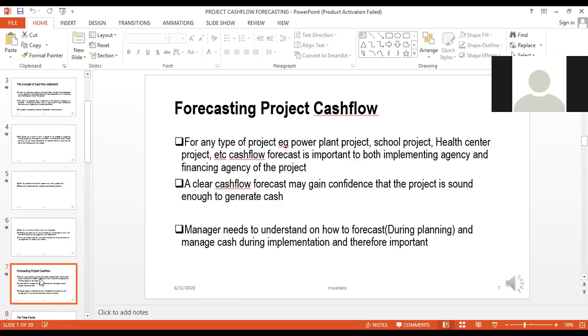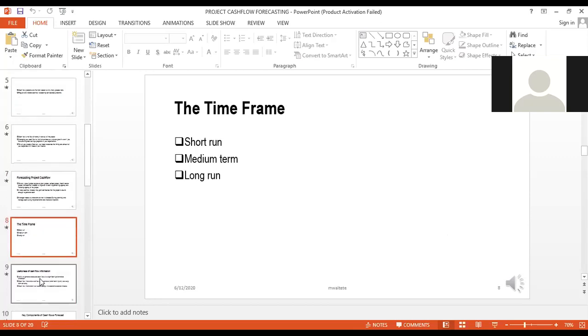The project sponsor will never give you funding if you don't have a clear cash flow, the pro forma cash flow or forecasted cash flow. A clear cash flow forecast gives confidence that the project is sound enough to generate cash, and therefore managers need to understand how to forecast the cash.